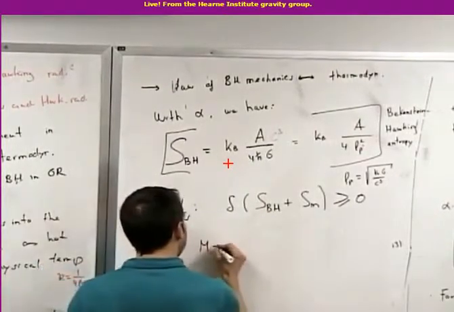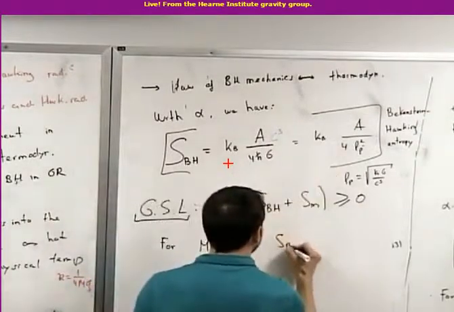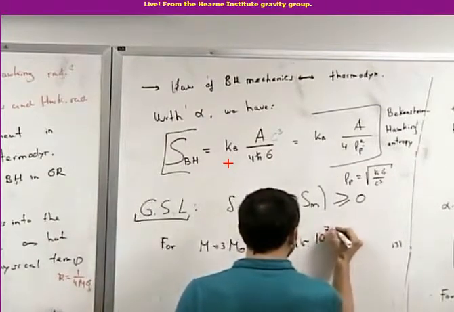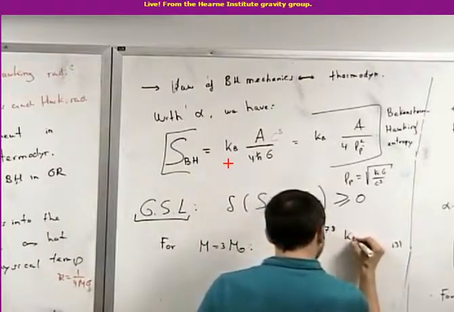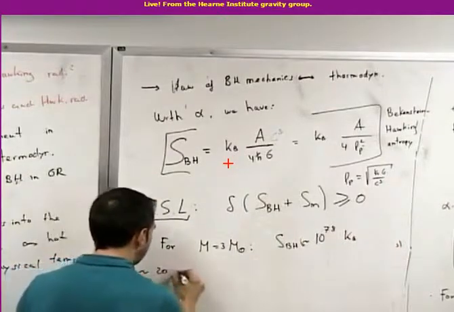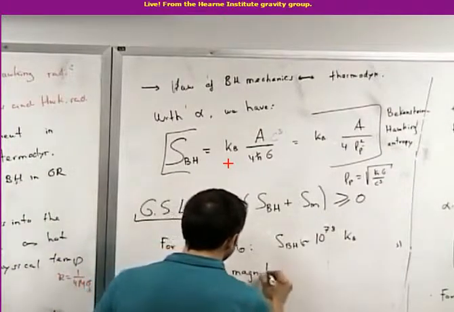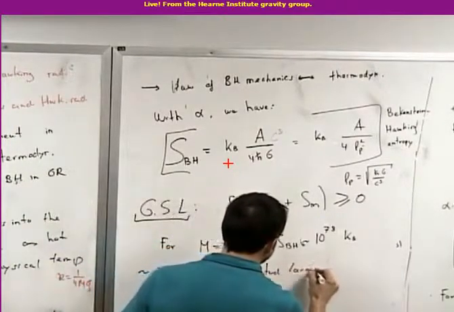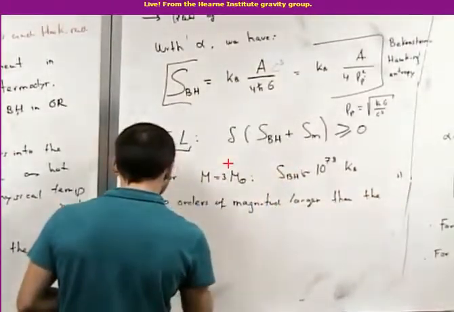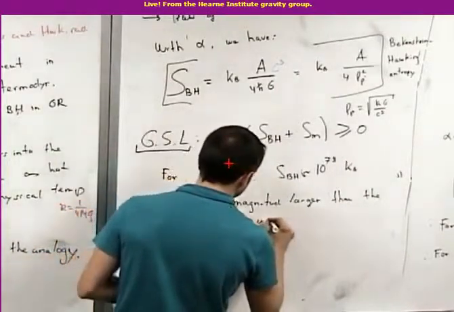For a black hole of 3 solar masses, you can put the numbers there, and the Bekenstein-Hawking entropy is of the order of 10 to the 78 times the Boltzmann constant, which is around 20 orders of magnitude larger than the entropy of a star with the same mass.